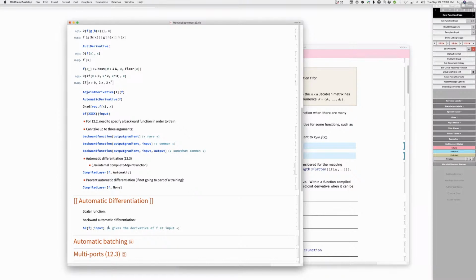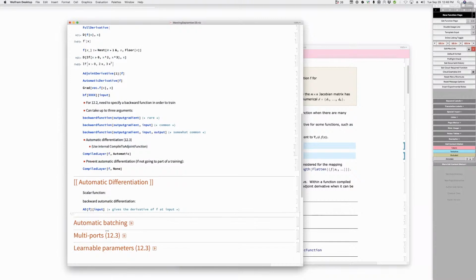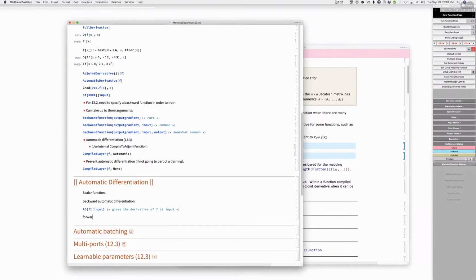Now there's a different case, which is the forward case, where you're given the input. So what do I do now?